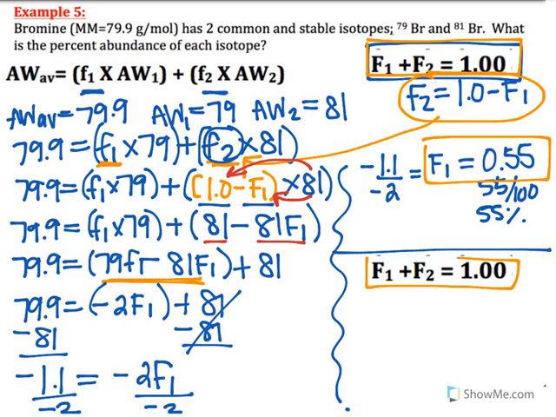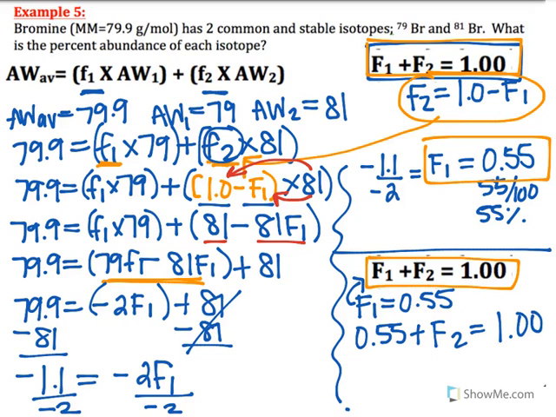Over here now, we know that F1 equals 0.55. So plugging that in, 0.55 plus F2 equals 1.0. Solving for F2, F2 equals 45%.